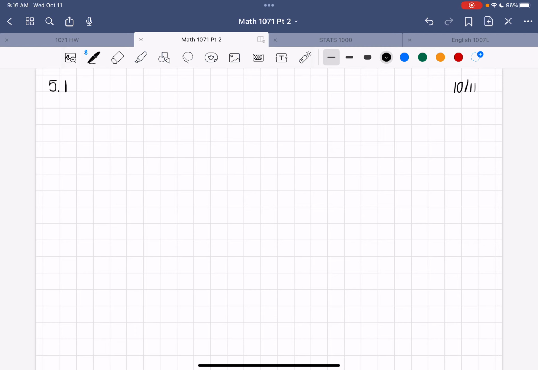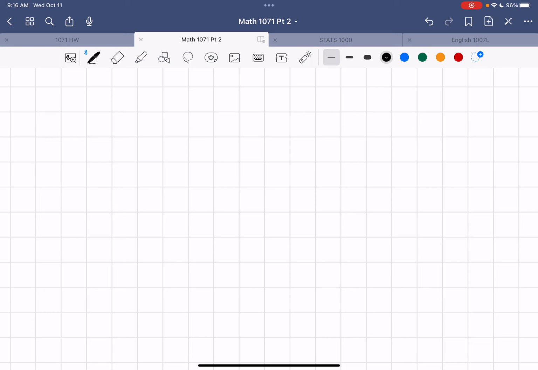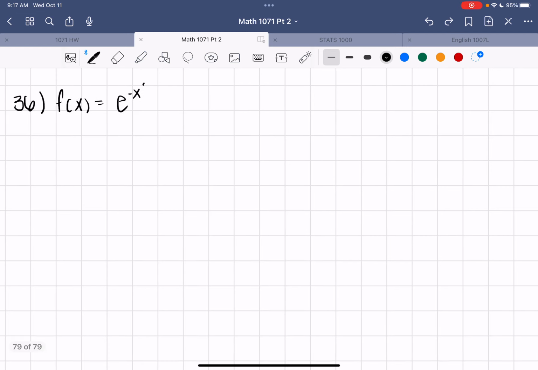I know what e to the x looks like. And so if I make it e to the x squared, it's just steeper. But now I'm going to make that negative. E to the negative x squared.